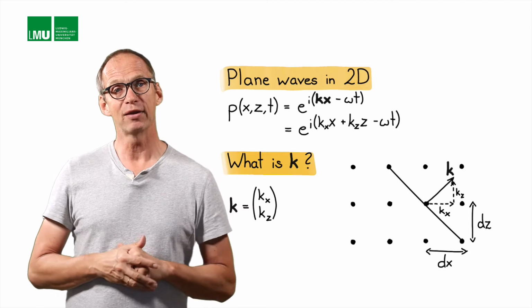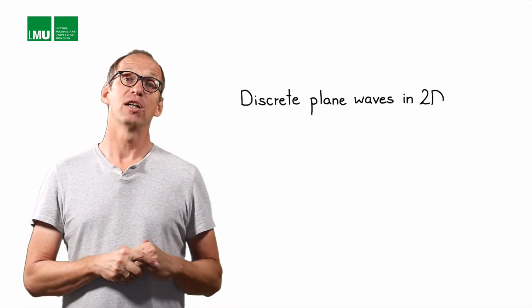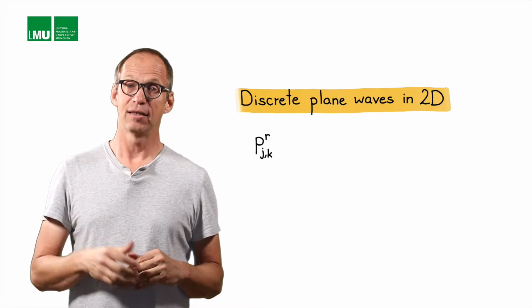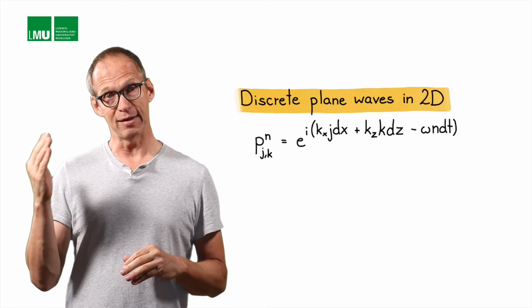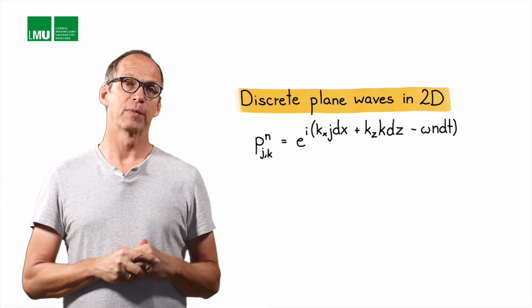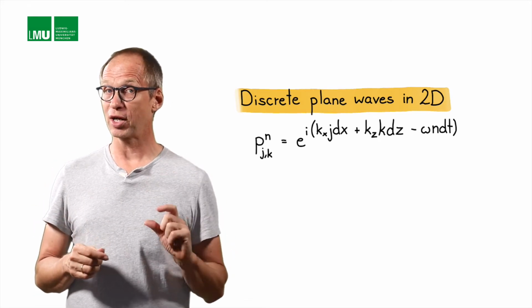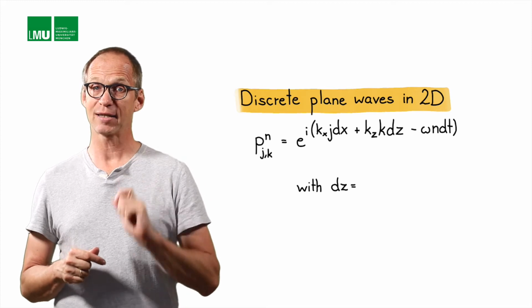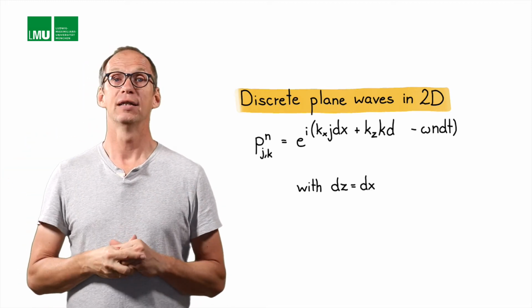But before that we need the discretization again, so we move into the discrete world, where x will be j dx and z will be k dz. Again, we assume for simplicity that space is discretized with the same space increment in both directions, so dz equals dx, and we can replace dz by dx.